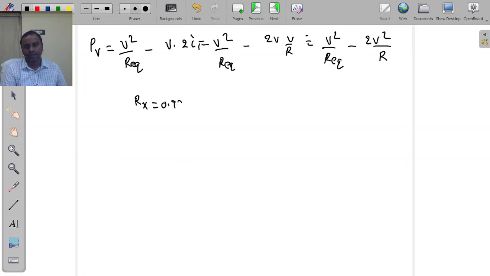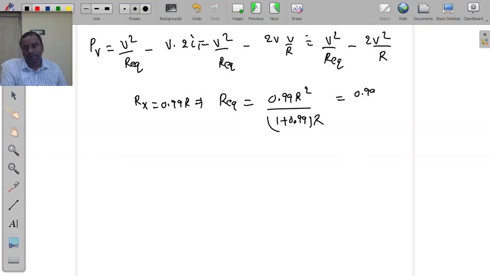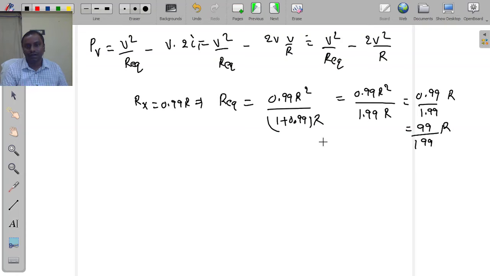Rx is 0.99 R. It implies R equivalent will become 0.99 R square divided by 1 plus 0.99 times R. This is 0.99 R square divided by 1.99 R. This is 0.99 by 1.99 R. Or I can say 99 by 199 R. This is the R equivalent.